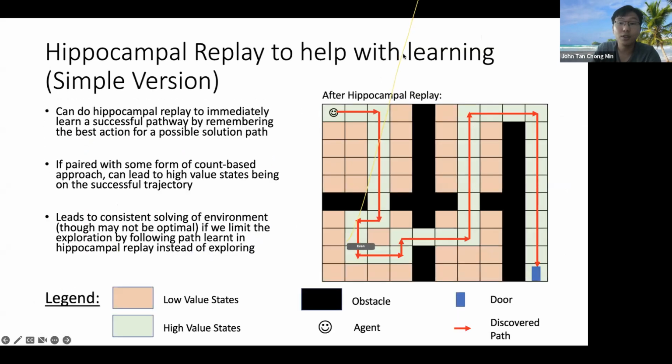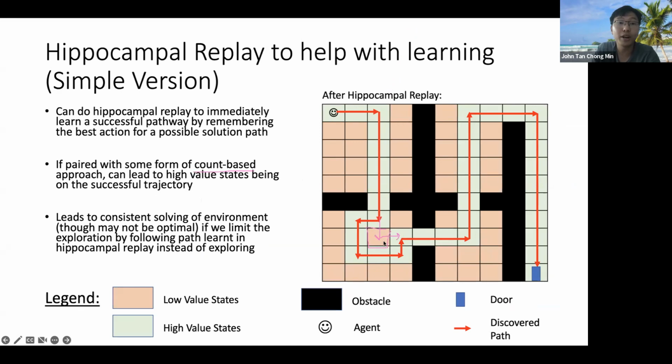This is how it was done in the workshop paper. I ensured that there's always a high value path over here. So when I exploit based on a count-based system, you will always choose the exploit path. And if you have this state as the exploit path, you can sometimes also move here, because I put the number of moves as a parameter also.